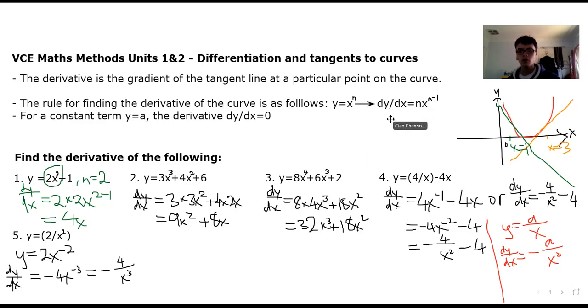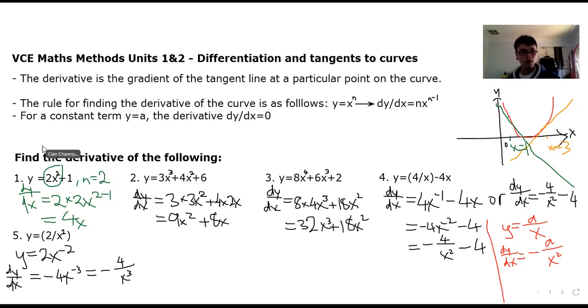Therefore, the derivative function is just going to be n times x to the power of n minus 1, as shown here. Hopefully you'll be able to implement that rule when you find derivatives of curves.